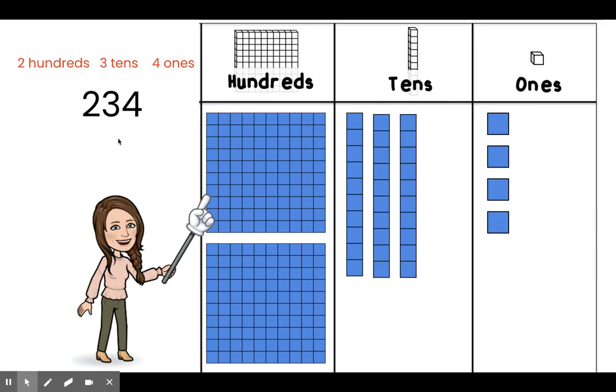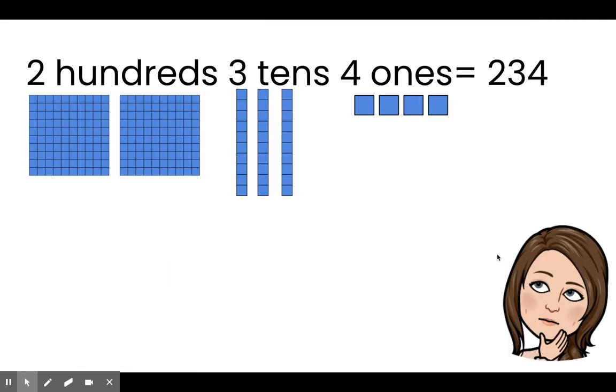If you said 234, you're correct. 100, 200, 210, 220, 230, 231, 232, 233, 234.